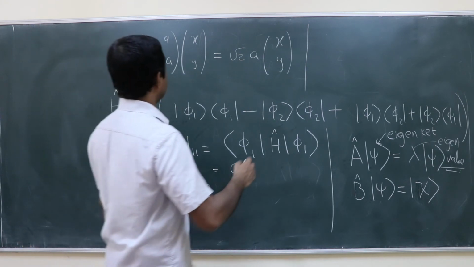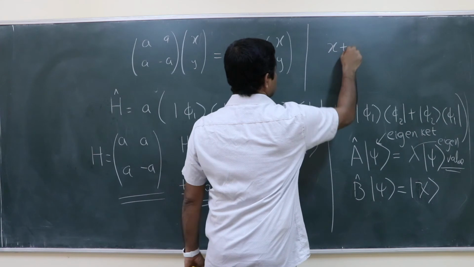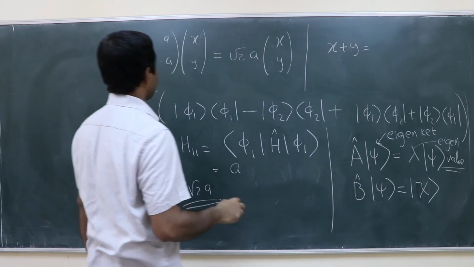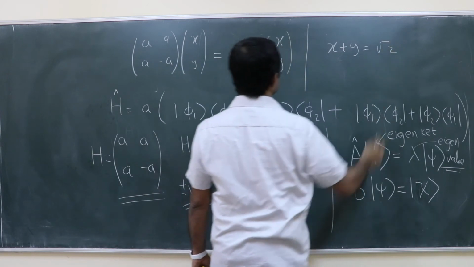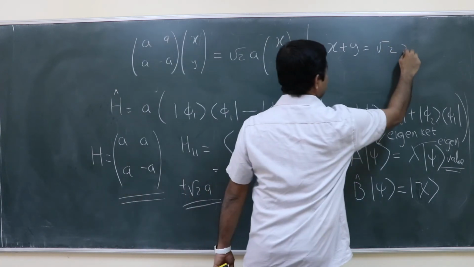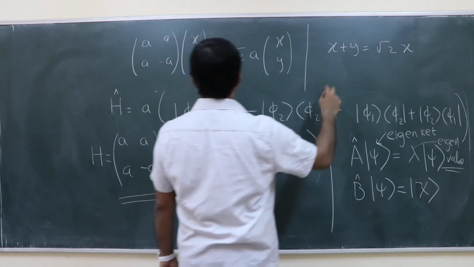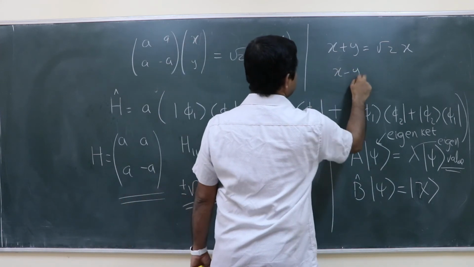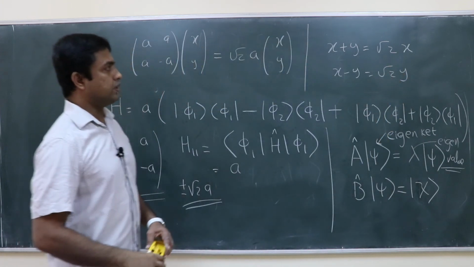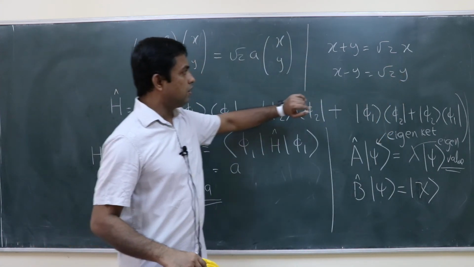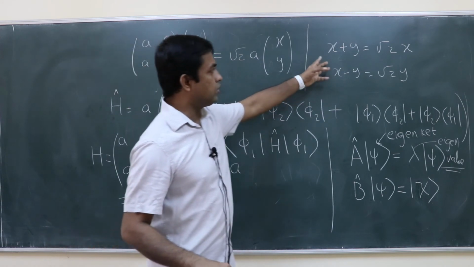So what you get here is x plus y is equal to root 2 x, and x minus y is equal to root 2 y. So there are two equations. I can solve this very easily.